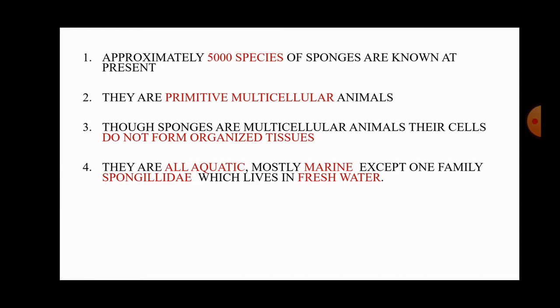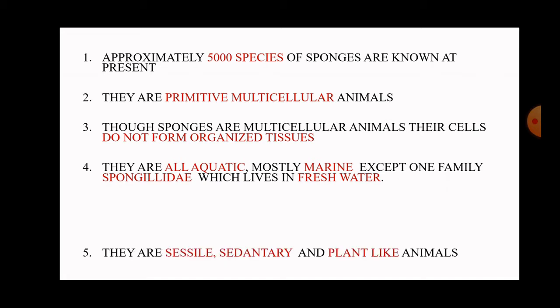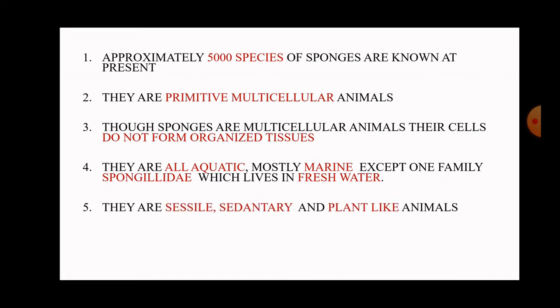And all these animals are aquatic animals, and mostly these animals belong to the marine region, and only one family, Spongillidae, lives in freshwater. All these animals are sessile animals, sedentary animals, and plant-like animals.